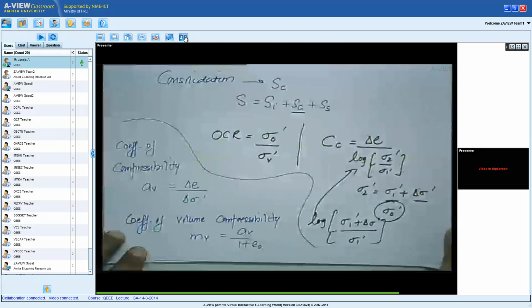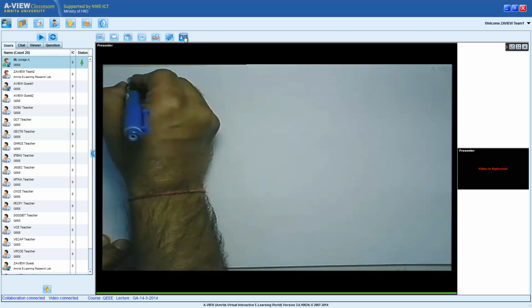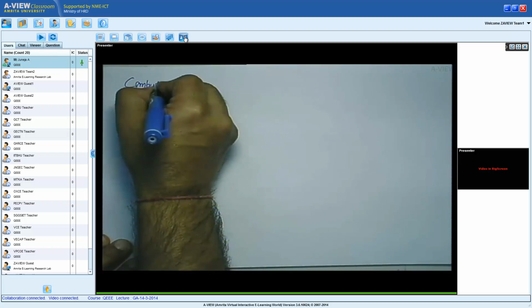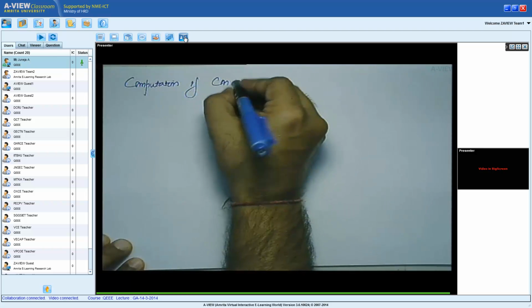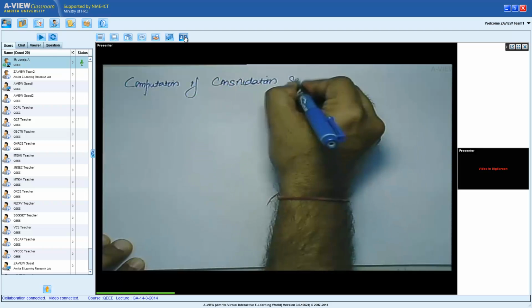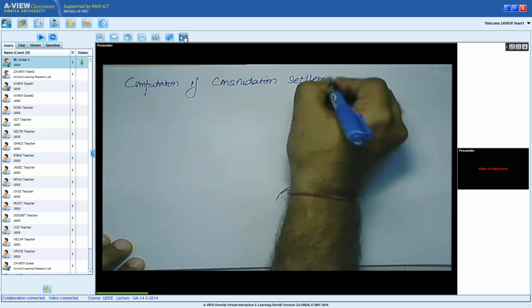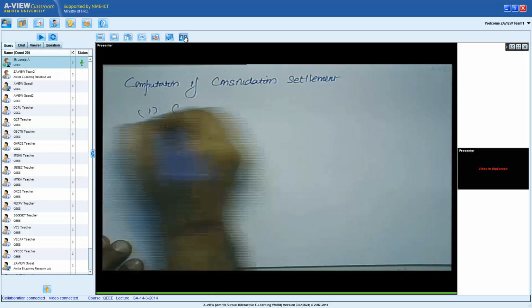Having done that, we also looked at four expressions or equations for the computation of consolidation settlement, SC.